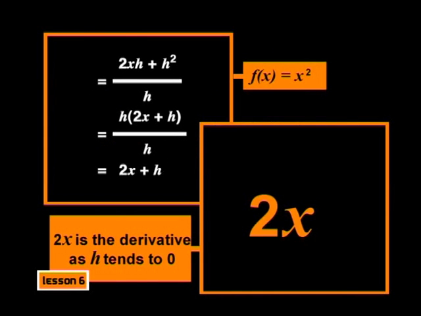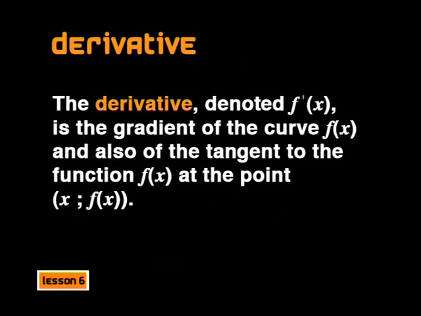So, the general process we used here, called differentiation, helped us to determine the derivative without having to consider the values of x one by one. The derivative, denoted as f dashed or f prime of x, is the gradient of the curve f(x) and also the gradient of the tangent to the function f(x) at the point x, f(x).